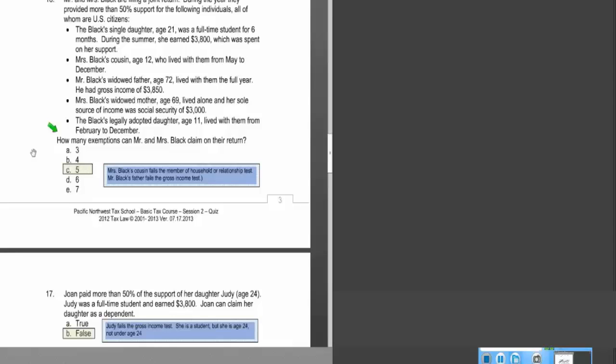And since she's only age 11, we're not going to be worrying about any income requirements. So she will be a dependent on the return, and there will be an exemption for her. So let's think about this. We've got one for Mr. Black, one for Mrs. Black, one for the 21-year-old daughter, one for the widowed mother, and one for the legally adopted daughter. So the correct answer is C, 5.